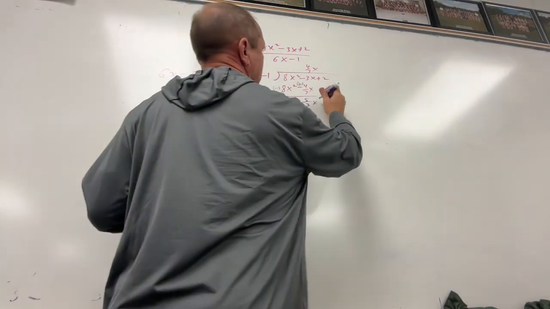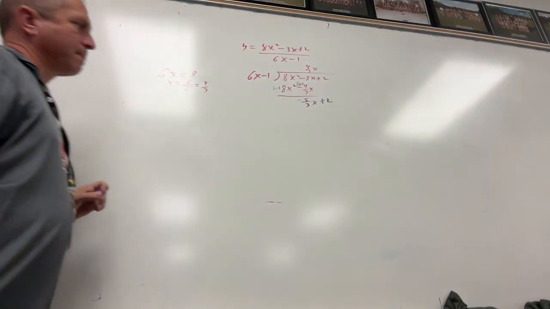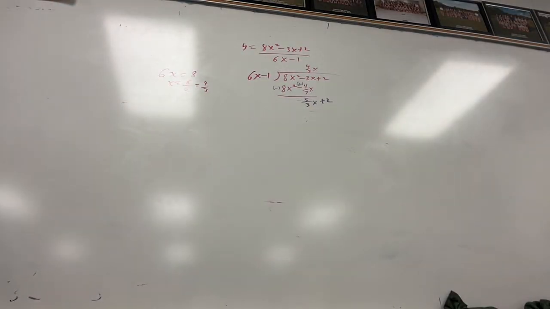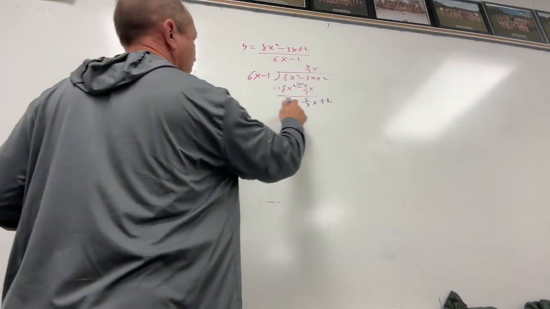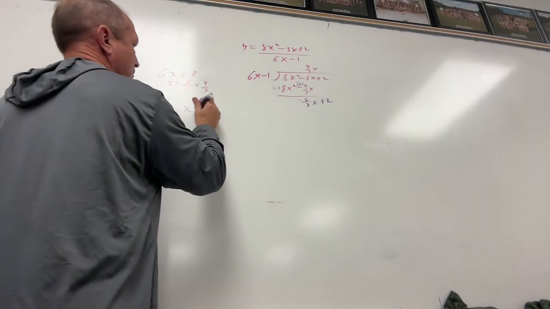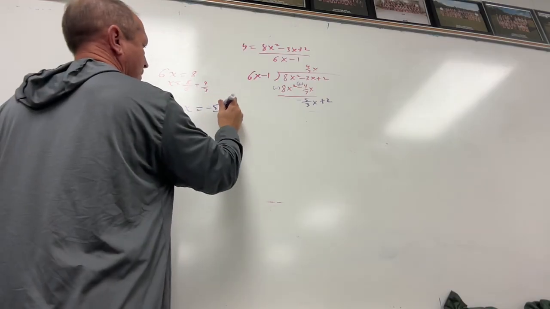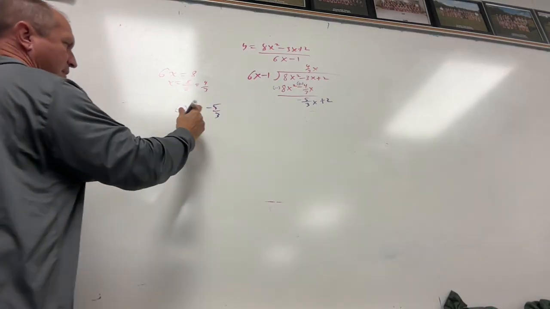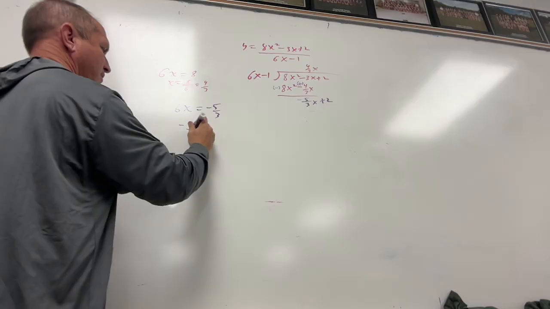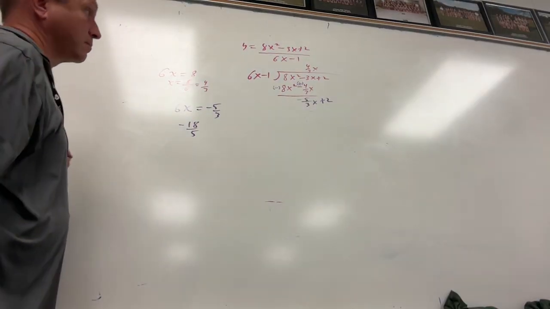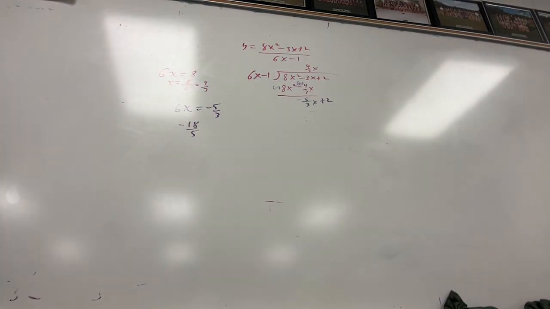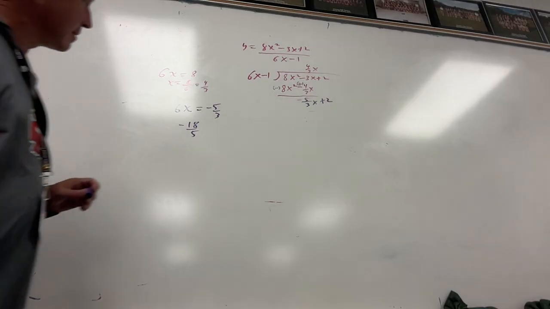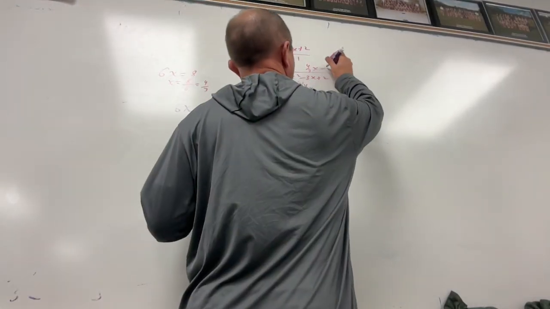Then I pull out my plus 2. All right. So 6 times what gives me -5/3? It's going to be -5 over 18, so -5/18. Yeah, I shouldn't have made up the problem. So I get -18/5 here.